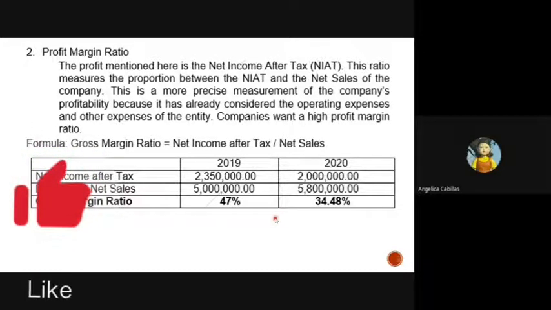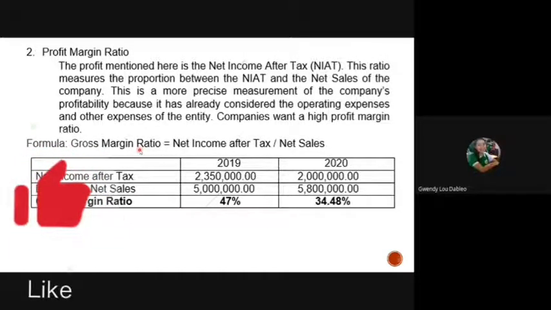This is a more precise measurement of the company's profitability because it has already considered the operating expenses and other expenses of the entity. Companies want a high profit margin ratio. Formula: profit margin ratio is equal to net income after tax divided by net sales.